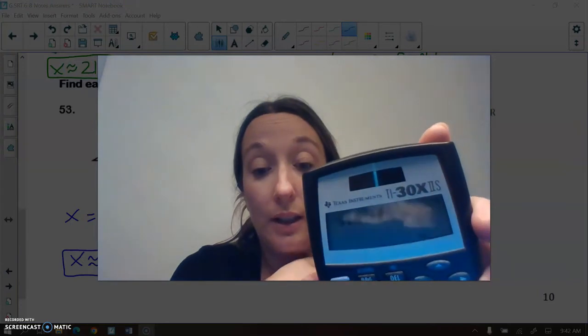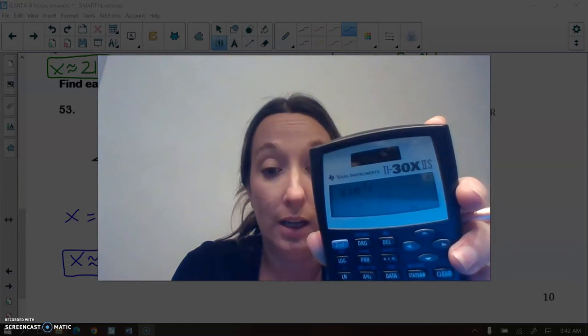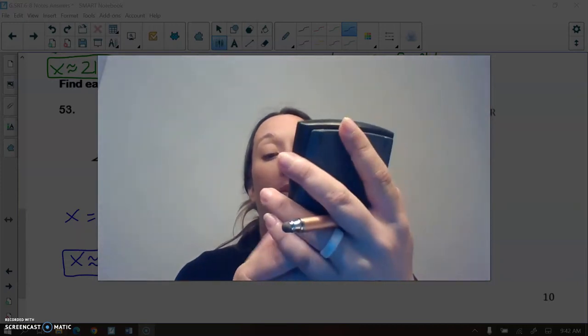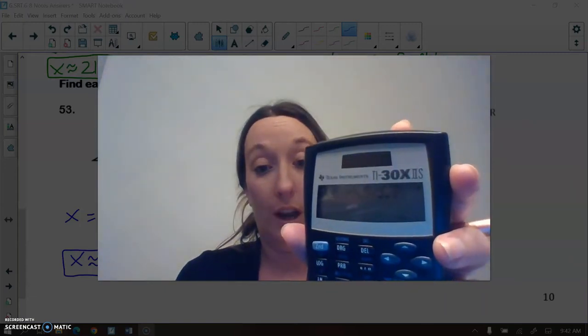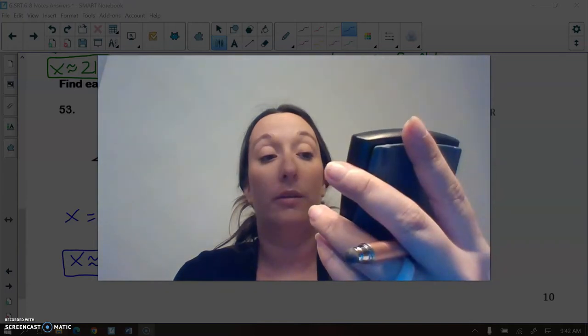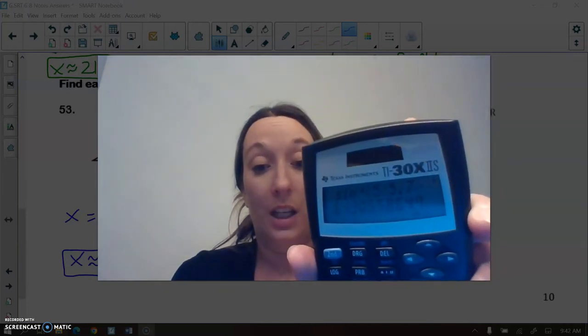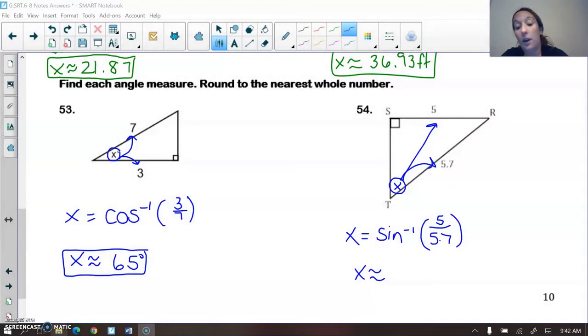So I have this. It should be sine to the negative first power, which is called the inverse sine. And then I'm going to type in 5 divided by 5.7. So you should have this in your calculator. And then hit equals. Rounded to the nearest whole number, we get 61 degrees for angle X.